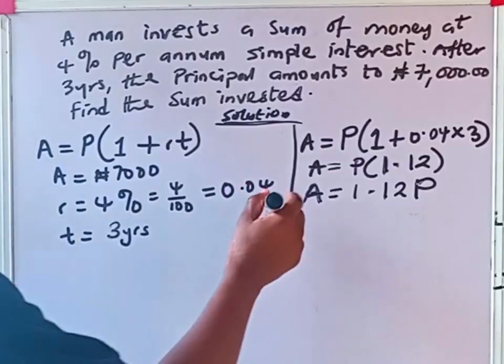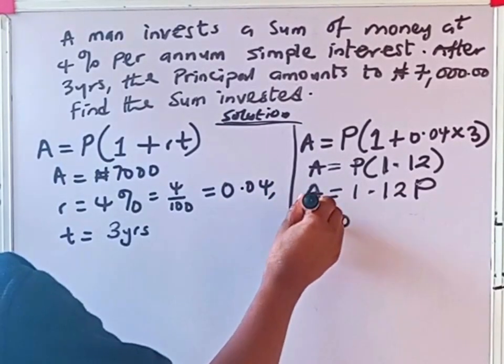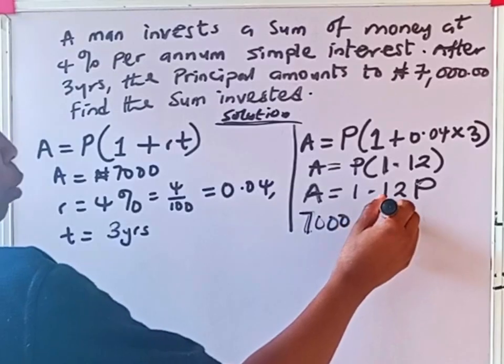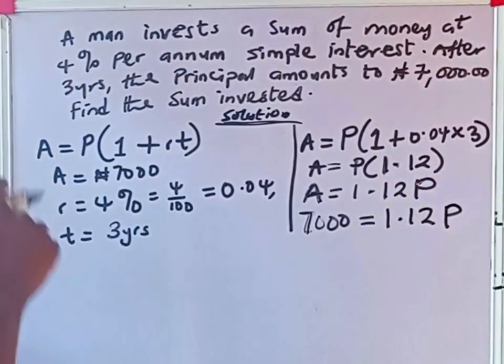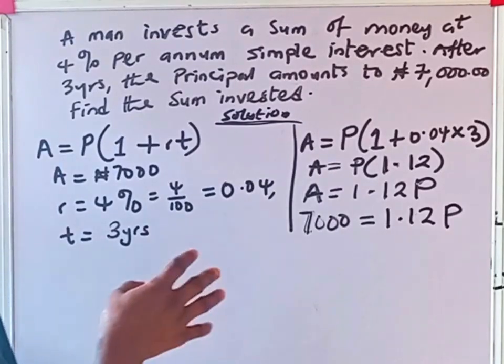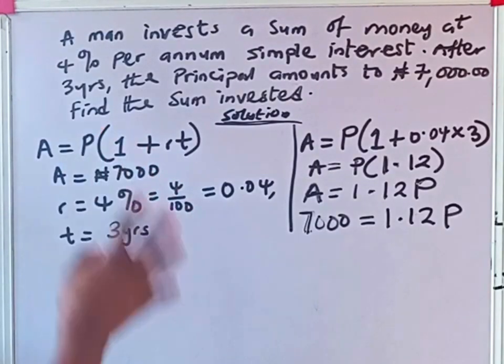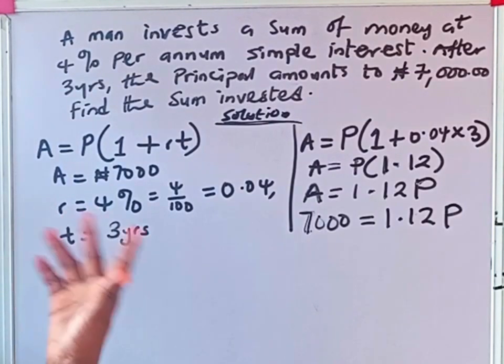Our amount is already 7,000 from the question. So you have 7,000 equal to 1.12P. Now, to make P the subject of formula, we have to divide both sides by the coefficient of P. Coefficient means a number carrying the letter.